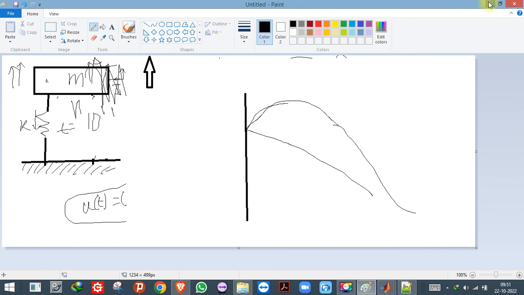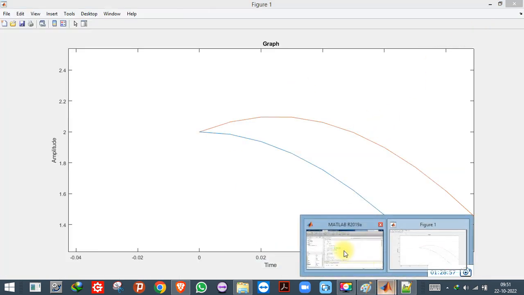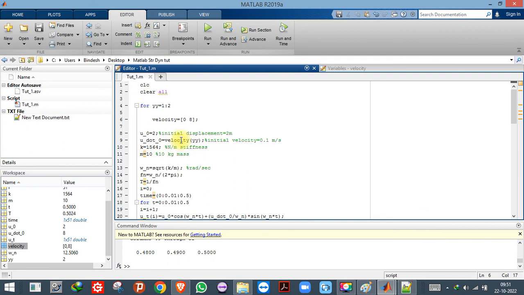Now we will keep the initial velocity constant and vary the displacement. Change this matrix to displacement. I'll write displace, and initially I'll keep the displacement 0, then a displacement of 2. Velocity, let us keep as 8.